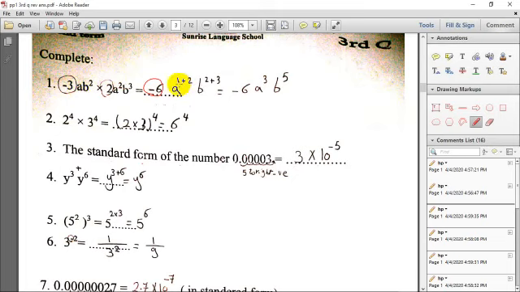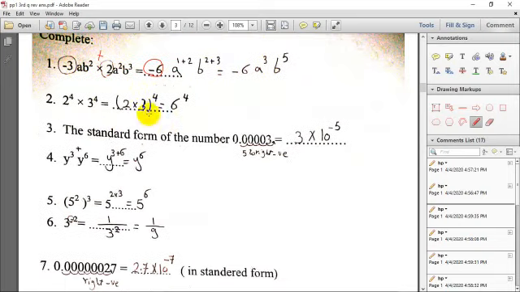Nothing means 1. So it's 1 plus, because here it's times. So what I'm going to do with the powers? Plus. So 1 plus 2 is 3. And here 2 plus 3 is 5.